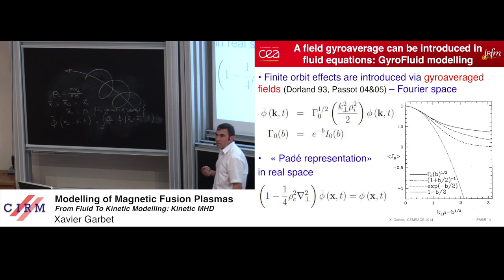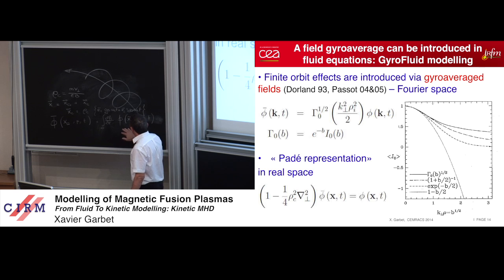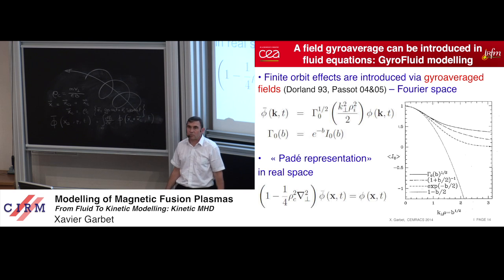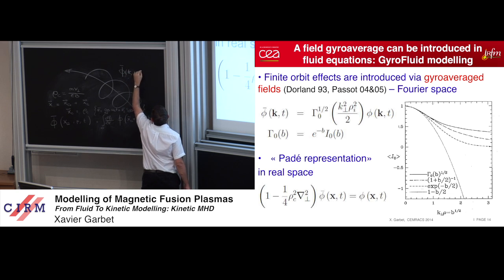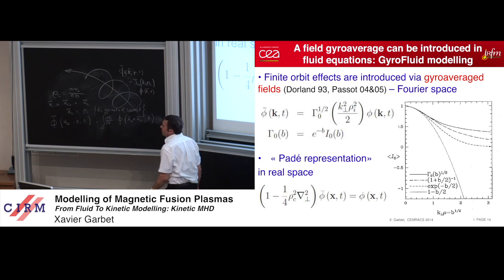Now, if you move to Fourier space, so you Fourier transform your field, and you use the simplest expression for the cyclotron motion, it's very easy to check that phi bar in Fourier space, k being the wave number, depends on time as well, and on mu, is a Bessel function of zero order, J0 of k perp rho c, times the Fourier transform of your initial field, times t, right?